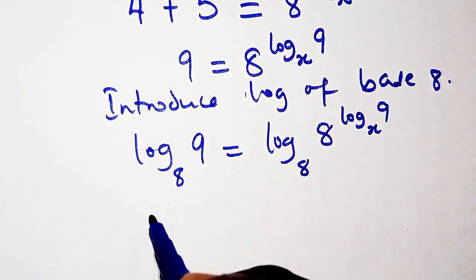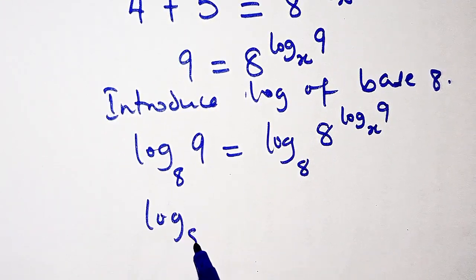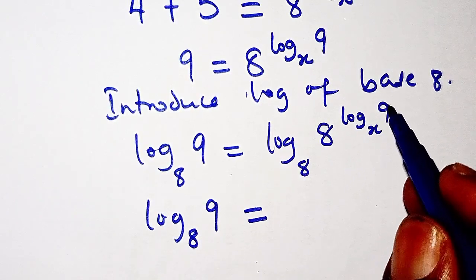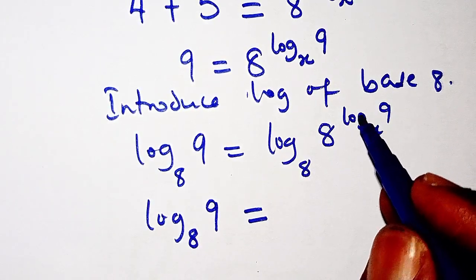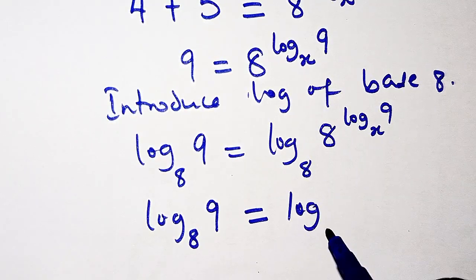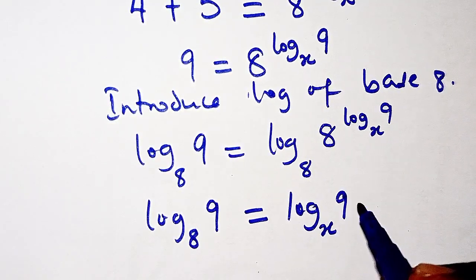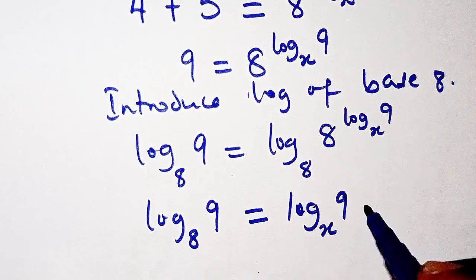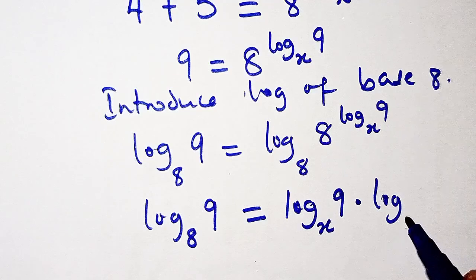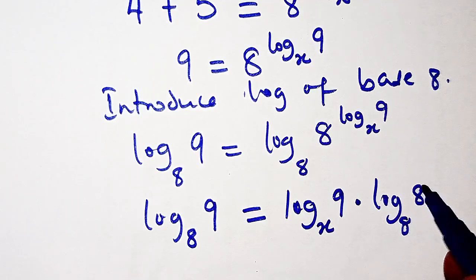So now from there you can see we have log base 8 of 9 equals, now this power here, log base x of 9, will come down multiplying log base 8 of 8.